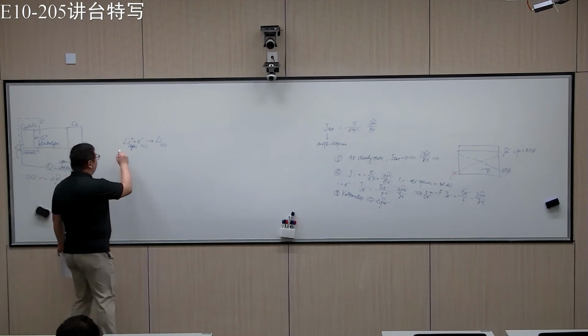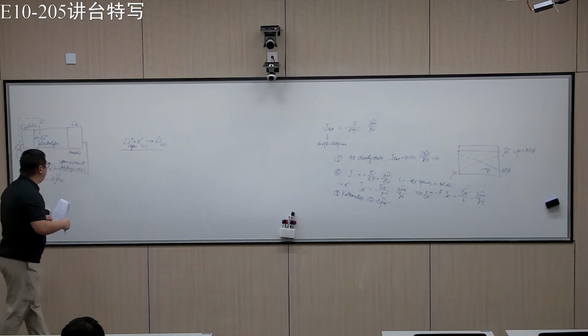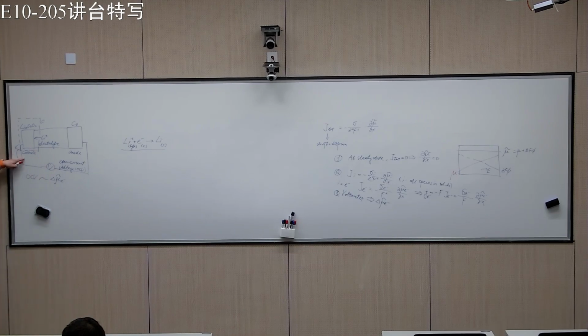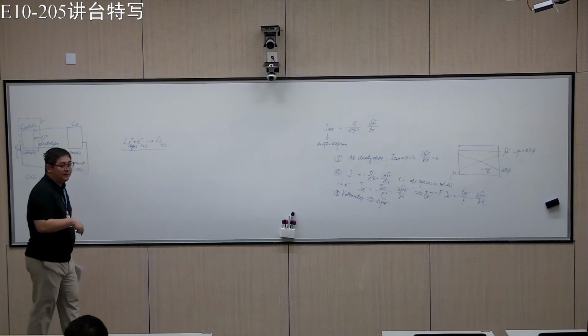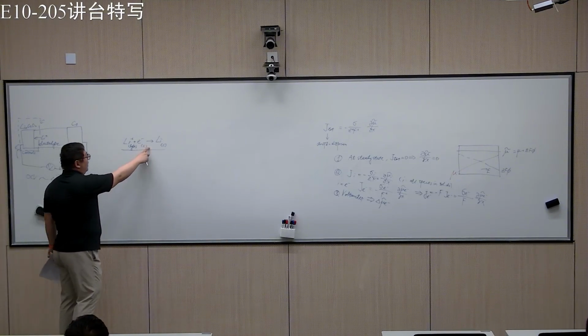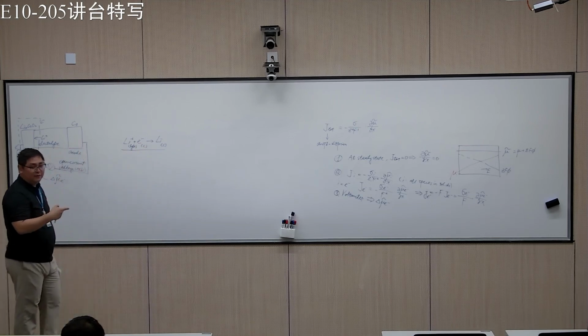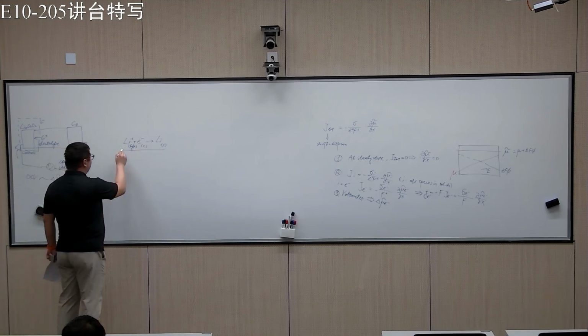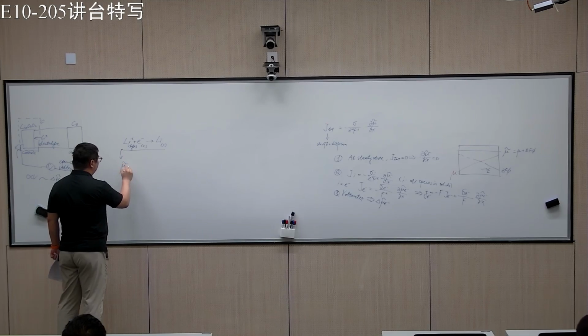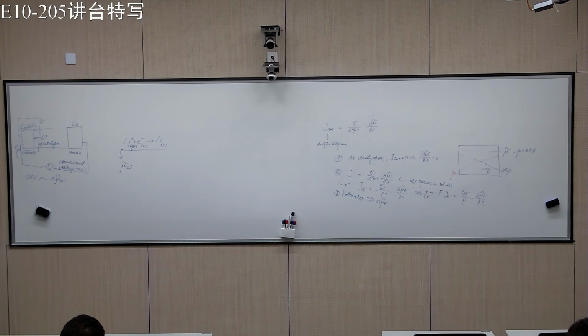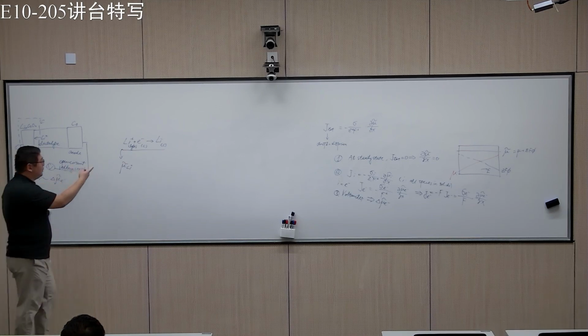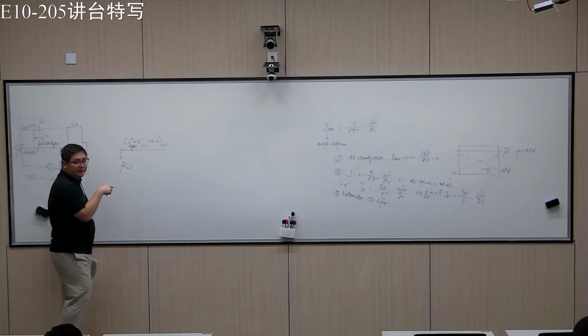Because it's open circuit, we actually reach equilibrium for each part of the battery. So if I write the electrochemical potential of this reaction, let's say we reach equilibrium, I can write the relationship between the potentials for each species.